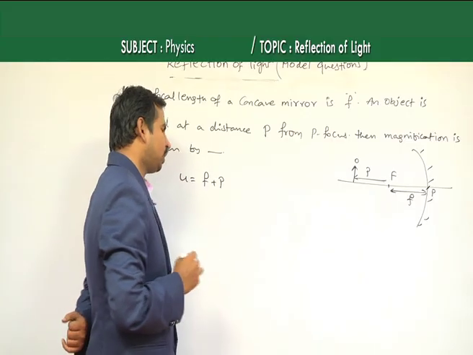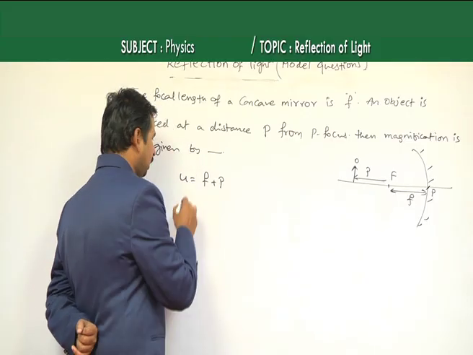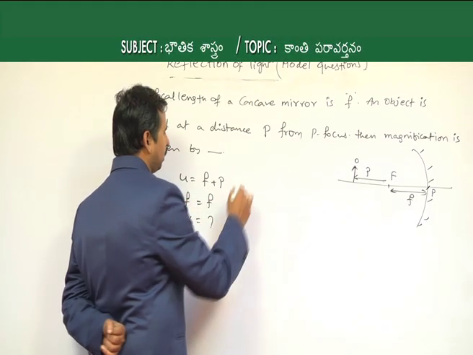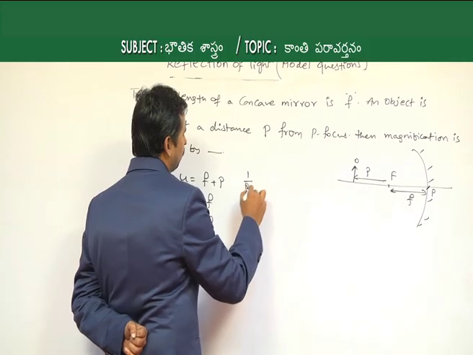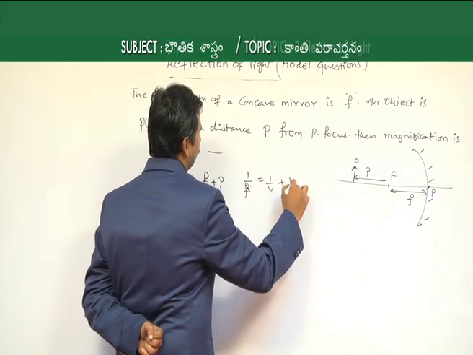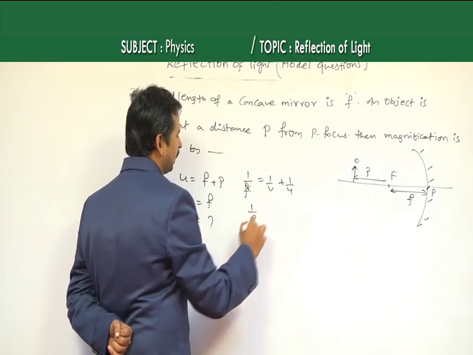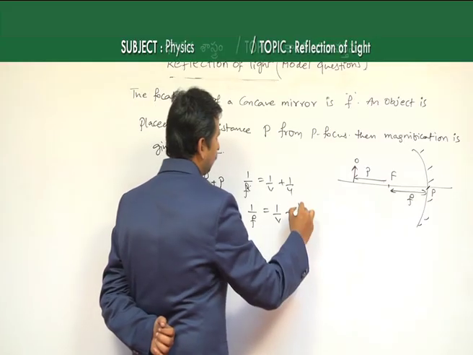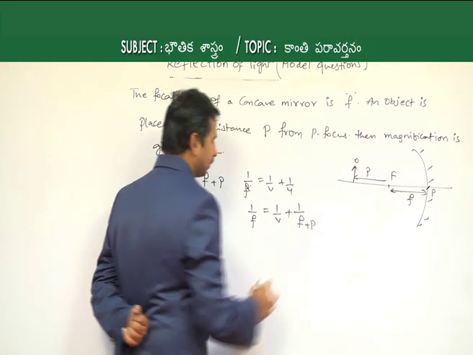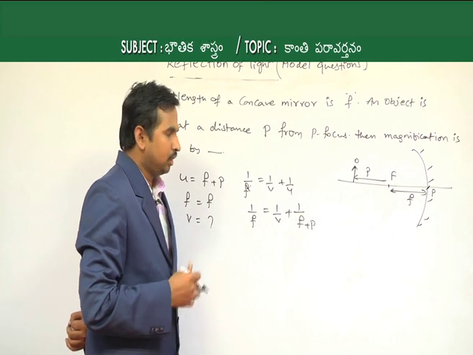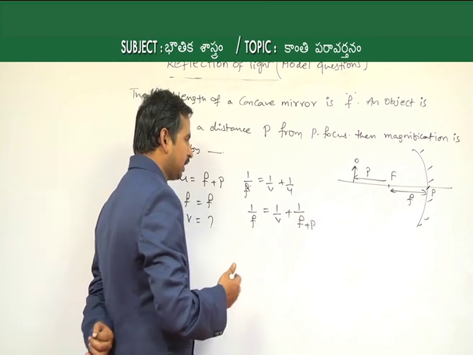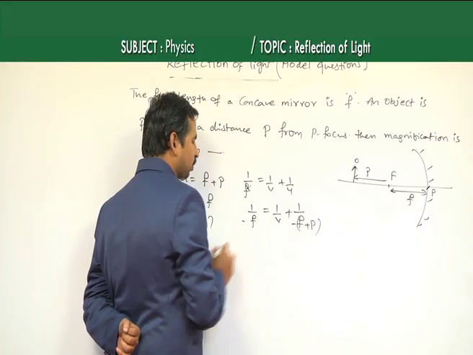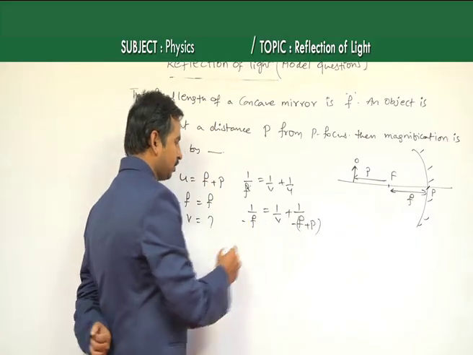As u is equal to f + p, and the focal length is given as f, first we have to find the v value. Then we know that 1/f = 1/v + 1/u. The v value we do not know, but the object distance is f + p. Okay. Then substituting the sign convention, in the case of the object it is minus, and in the case of the focal length, as it is concave, that also has minus.